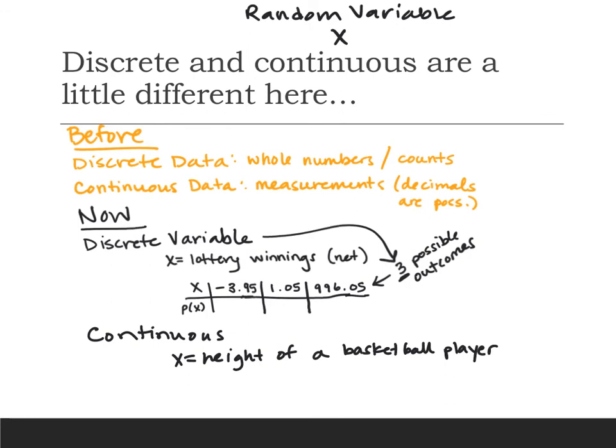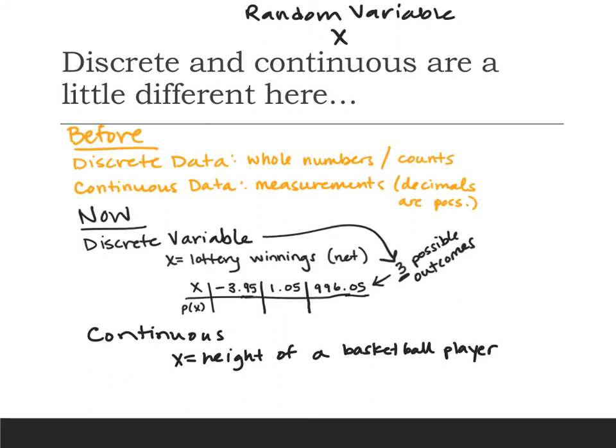Or any height. It doesn't have to be a basketball player. I just decided to pick basketball player. It could be the height of young women between 20 and 30. I don't know, anything. But the height, so there's not just 5'1", 5'2", 5'3".